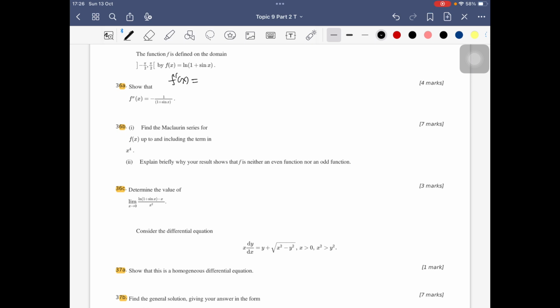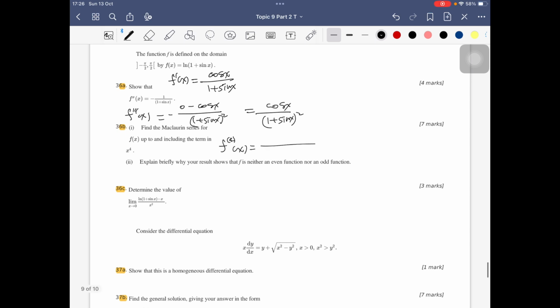Maybe f prime of x is cos x over 1 plus sine x, and the triple prime of x is negative cos x over 1 plus sine x squared, and the fourth derivative is like this.